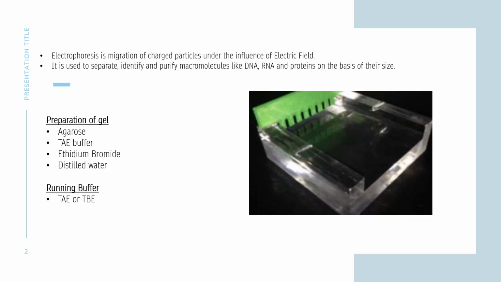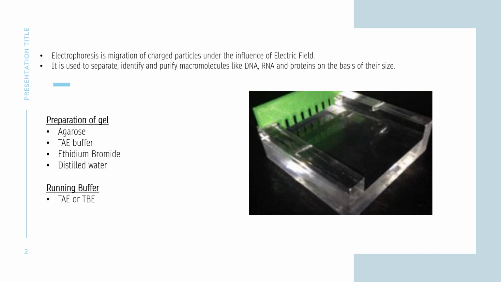So now what is electrophoresis? Electrophoresis is basically migration of charged particles under the influence of an electric field. Now what charged particles are we talking about? These are macromolecules like DNA, RNA, proteins. We separate them on the basis of their size with the help of electrophoresis. DNA and RNA are slightly negatively charged because of the presence of the phosphate group.